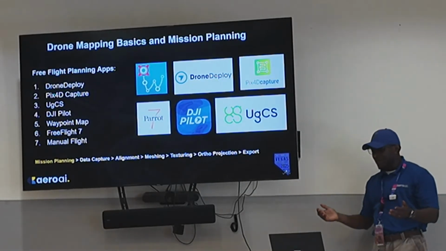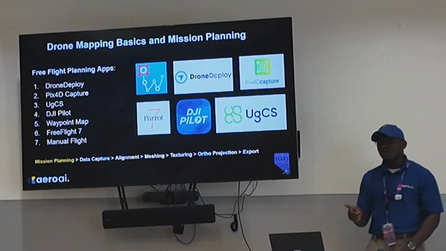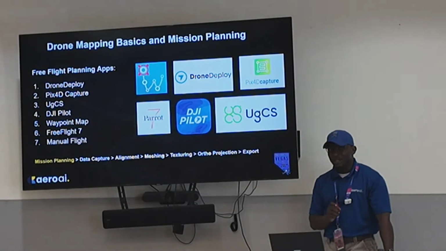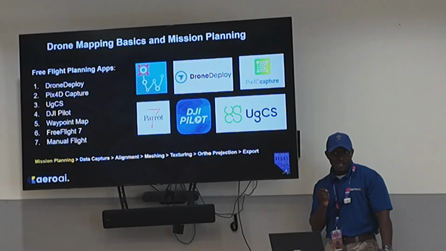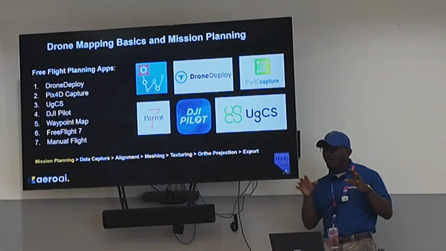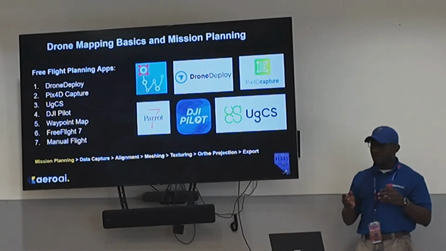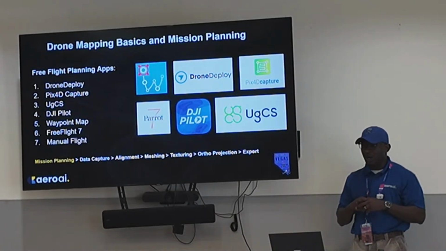There's UGCS, which I just mentioned, and DJI Pilot. There's Waypoint Map. I want to emphasize Waypoint Map because I know a lot of us have DJI Minis, right? The Mini 4s, the Mini 3s. Those are not primarily mapping drones, but Waypoint Map is actually a couple of very smart college kids.